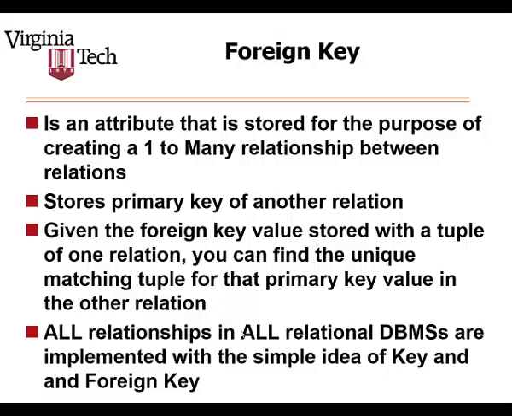So the foreign key is the idea that we're going to have an attribute in our relation, and that attribute is going to contain primary key values, values that identify a particular instance in some other relation, a foreign relation, right? So we're going to create a new attribute in our relation, and in that attribute we're going to store primary key values of some other relation.